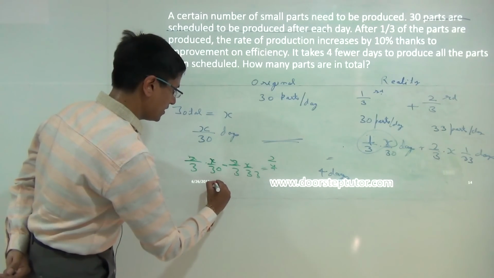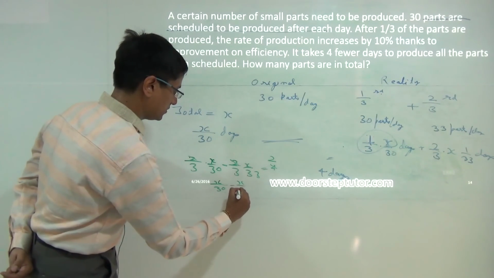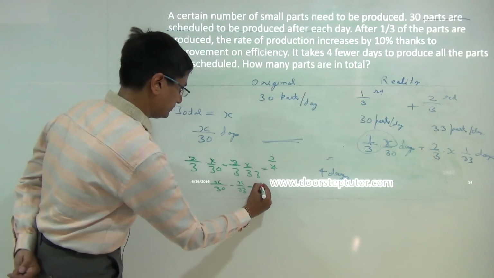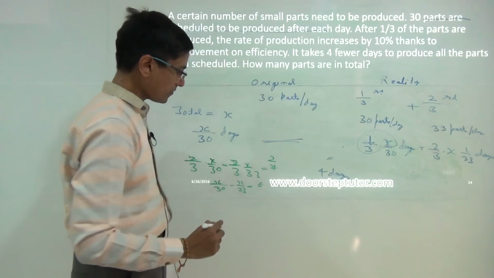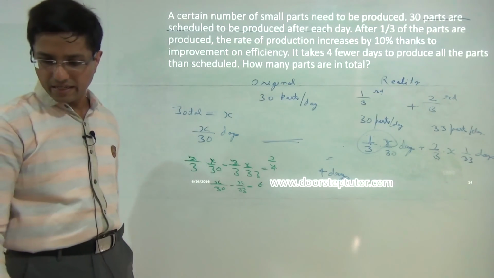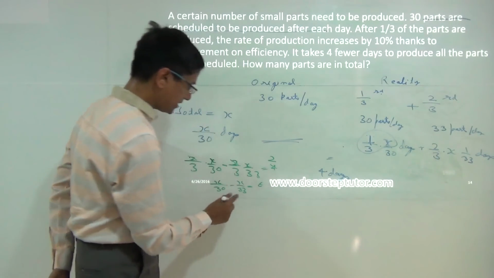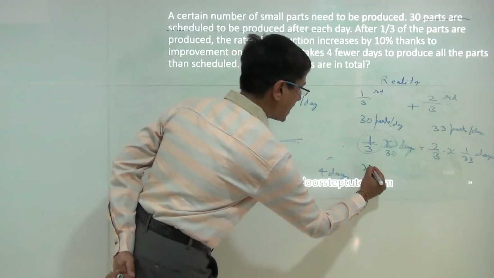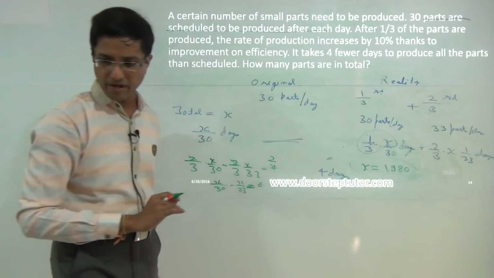So if you solve it completely, the answer would be 1980. So from here you can solve for x. So the answer would be x is equal to 1980, and that is the final answer.